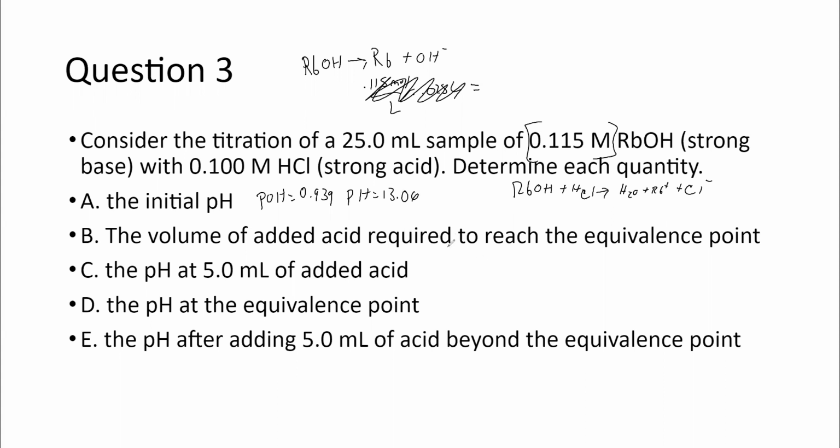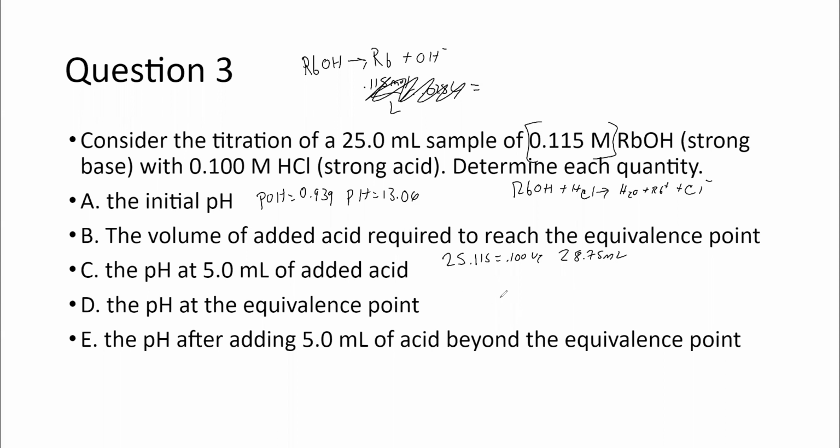So I have 25 mL of my base. That's going to react with my acid, but I don't know the volume. All right. So 25 times 0.115 divided by 0.1. So the volume of acid I need is 28.75 mL.